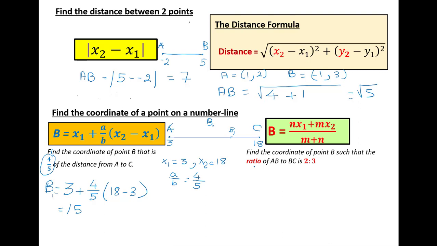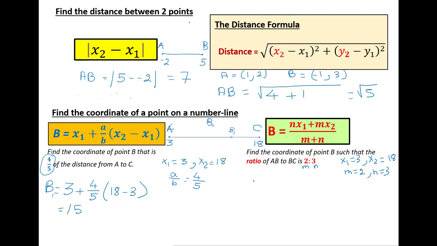Now, in this problem, we can see that find the coordinate of a point B such that the ratio of AB to BC is 2 to 3. So if I see the word ratio, I use this rule. So what are the items of my rule if I'm using the same number line? x1 equals 3, x2 equals 18, m equals 2, and n equals 3.